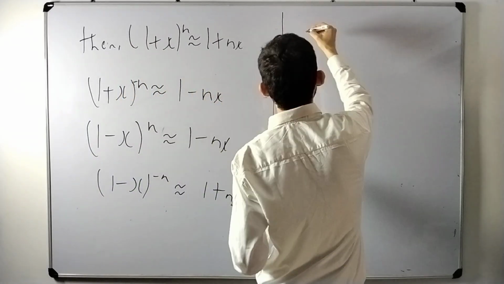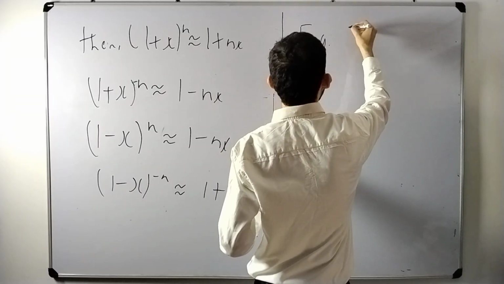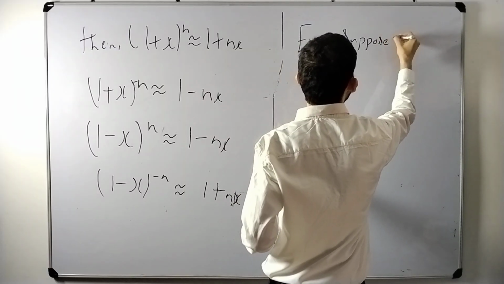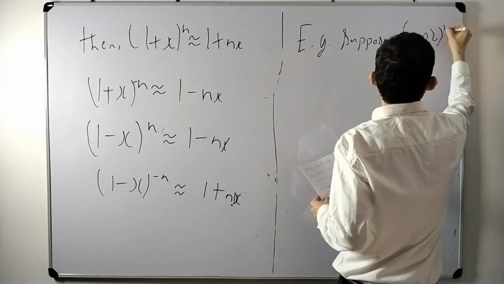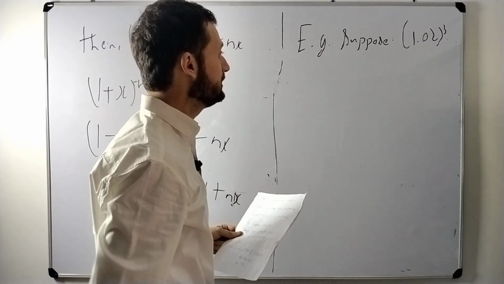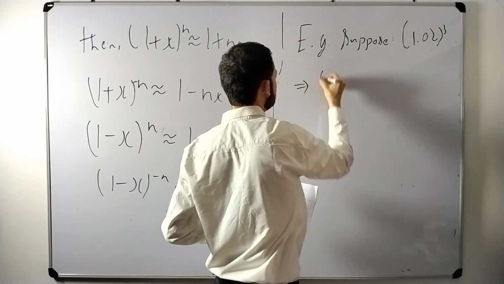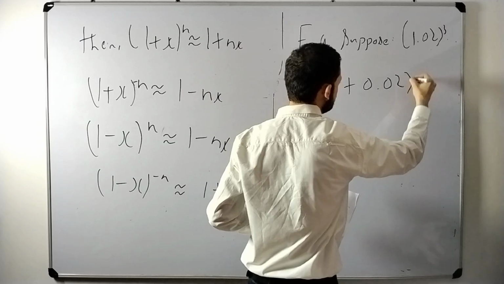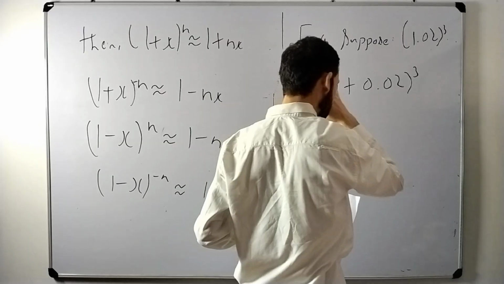So, example, suppose 1.02 happens to be cubed. So you might have noticed that this value could be written as 1 plus 0.02 and again cubed, and this value happens to be much smaller than 1.